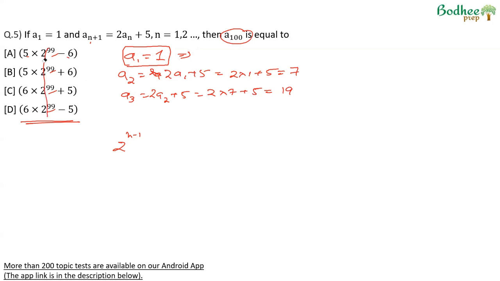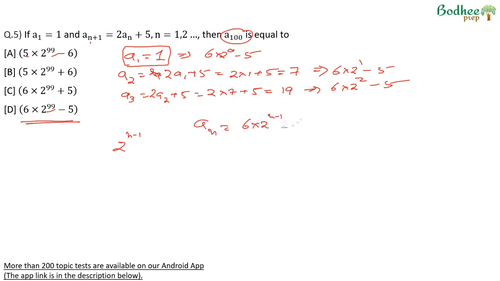And therefore, what I'm saying is, if we write this as 6 into 2 raised to power 0 minus 5, this as 6 into 2 raised to power 1 minus 5, this as 6 into 2 raised to power 2 minus 5, 24 minus 5 is 19, and therefore the general form of An becomes 6 into 2 raised to power n minus 1 minus 5.